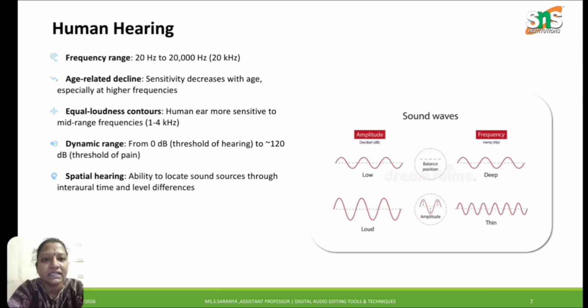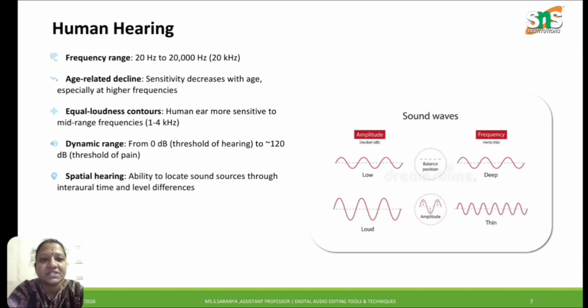Hearing is another important concept in digital audio editing. The ear is more sensitive to mid-range frequencies, approximately 1 kilohertz to 4 kilohertz, where speech clarity is the strongest. The frequency range of human hearing is 20 hertz to 20,000 hertz, that is 20 kilohertz.